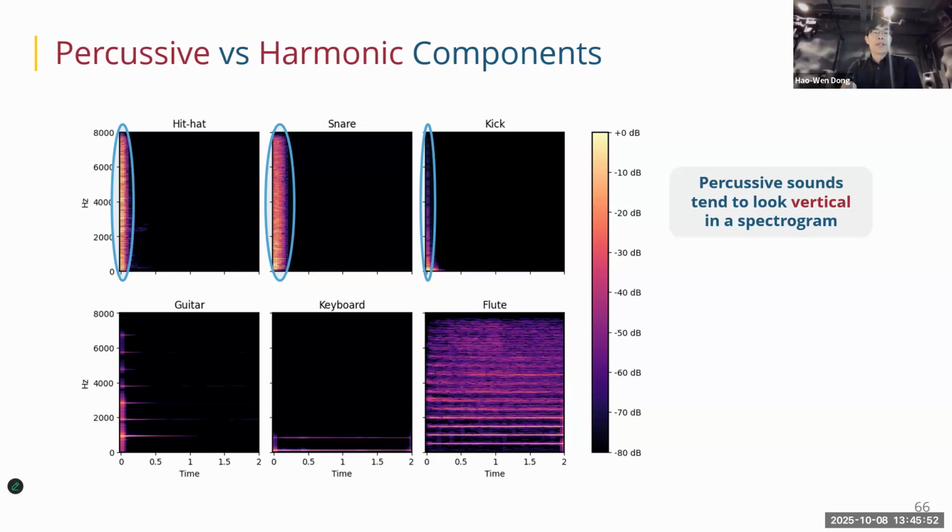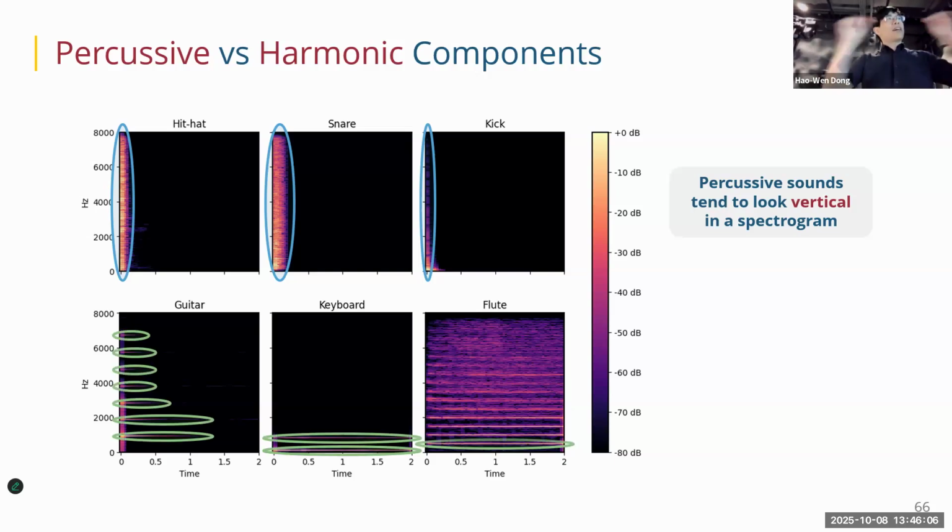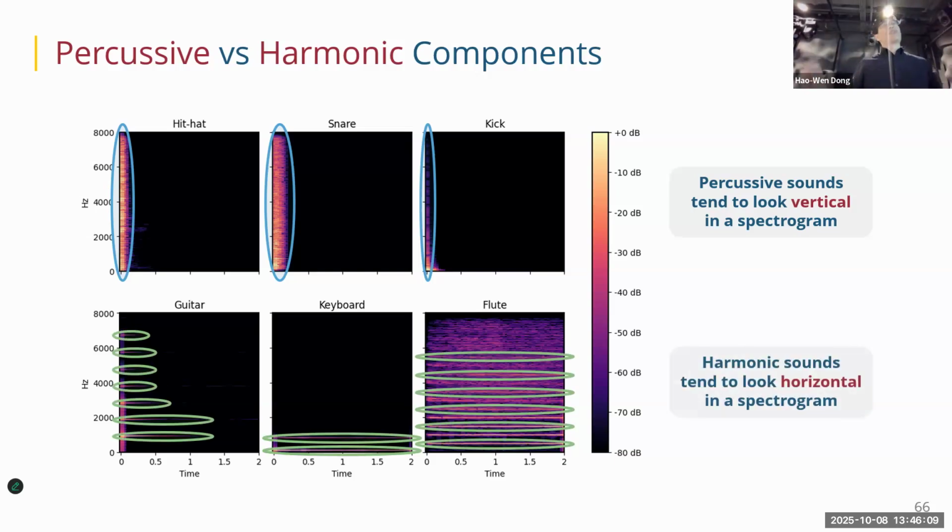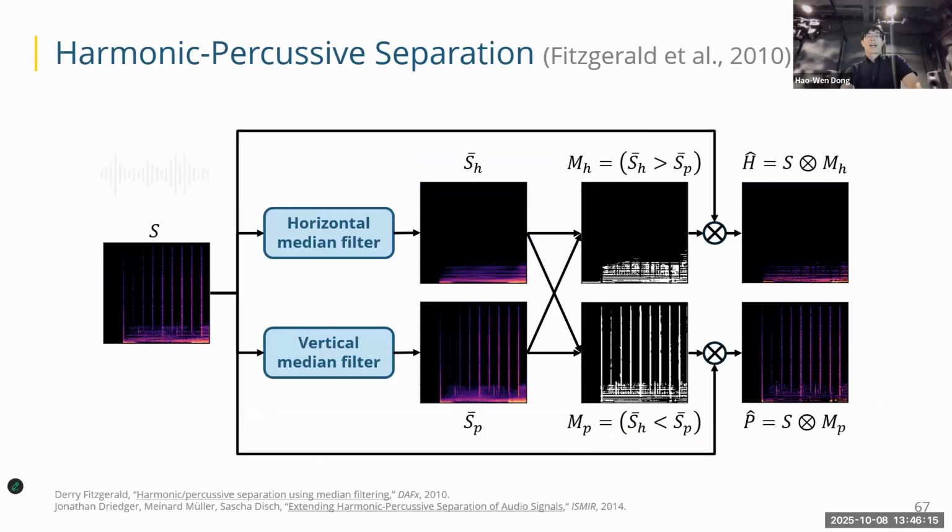where we would look into this thing called harmonic percussive source separation, where we basically just use our intuition that percussive sounds tend to be vertical, and harmonic sounds tend to be horizontal in a spectrogram. So we can actually just apply some median filter to do it. And this is called harmonic percussive separation.